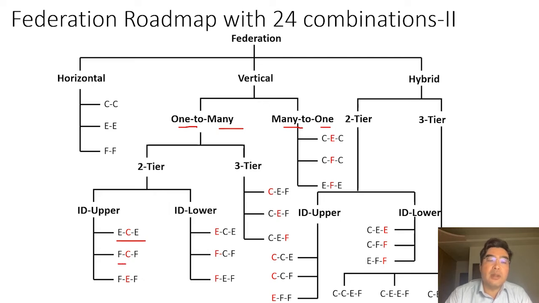Same here, you can have fork, FC, FO, FEF. So all the relationships here are vertical. And I indicate in red where your account is. You don't have an account on the other provider, but you have an account on the one in red.